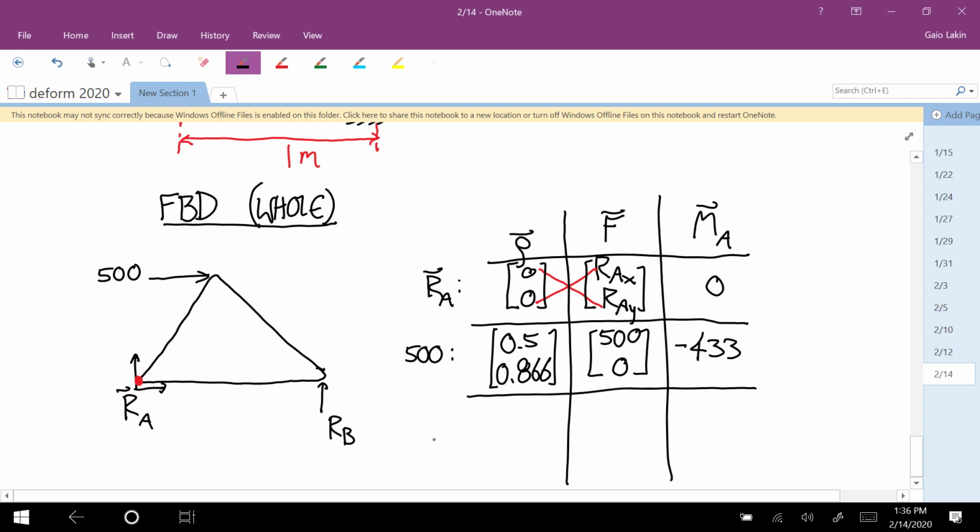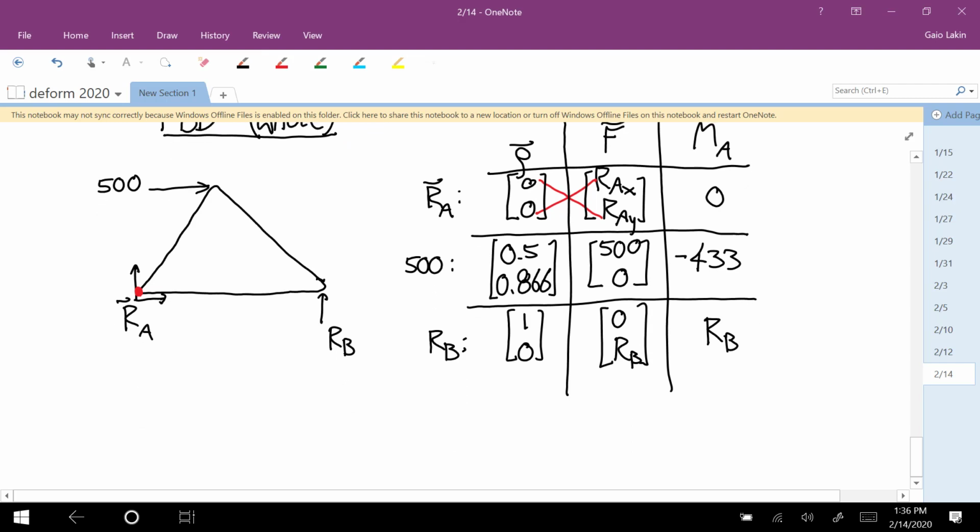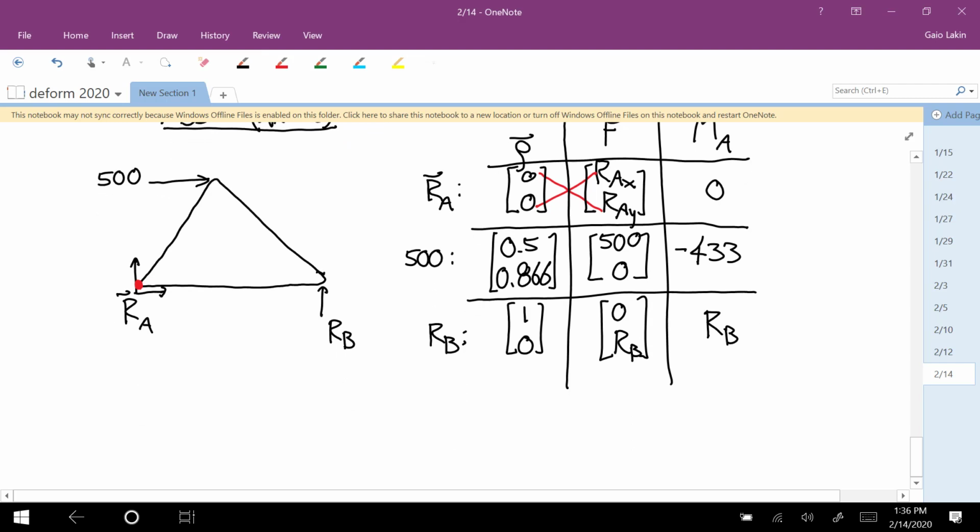And then the last one is RB. The row vector is 1, 0. The force vector is 0, RB. So the cross product is positive RB. And now we have this column. That's all our force vectors. Since it's static, we can add those up and set it equal to 0.